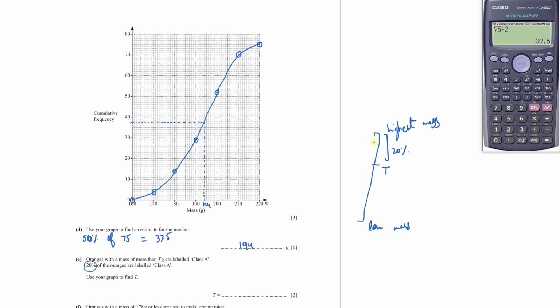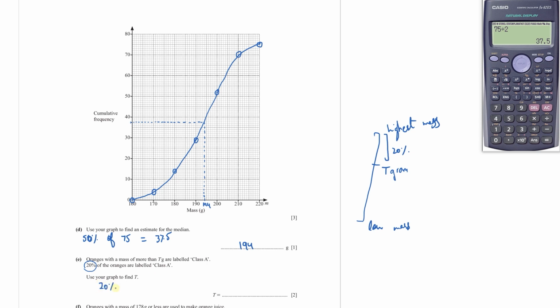So all the oranges that are above this t grams are labeled class A. So let's first find how many oranges are labeled class A, and then we can use our graph to basically eliminate those top oranges and then see what is the mass value from this cumulative frequency curve, which represents this value t.